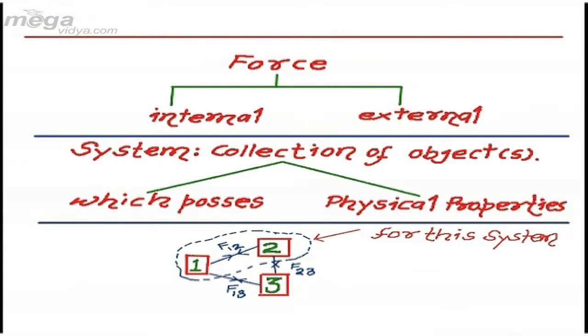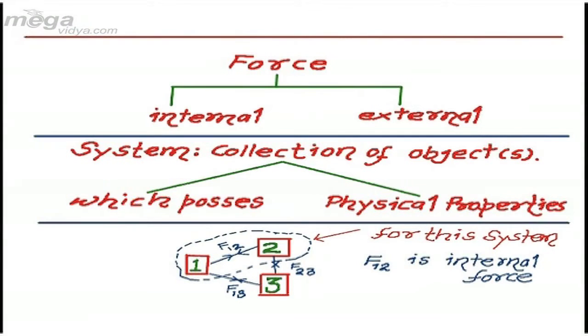Now, if we talk about the internal and external forces, then between 1 and 2, acting force F12 is mutual interaction between 1 and 2, and 1 and 2 both are internal parts of the system. So for this system, F12 is internal force.